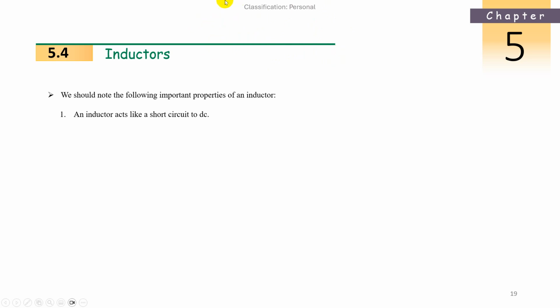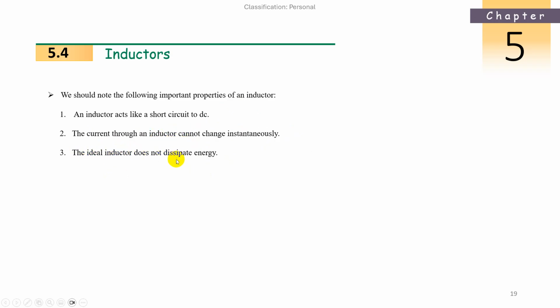The current through an inductor cannot change instantaneously. In a capacitor the voltage cannot change abruptly, but here the current cannot change instantaneously.